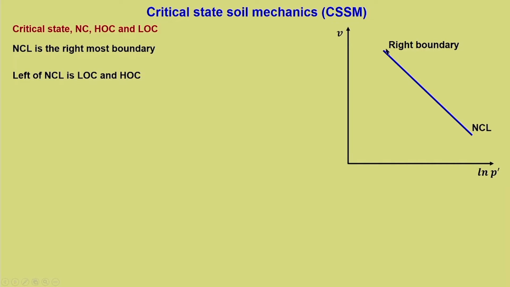Now, the space towards the left is always lightly over consolidated or heavily over consolidated, depending upon what amount of unloading the soil has undergone with respect to its past maximum pressure.